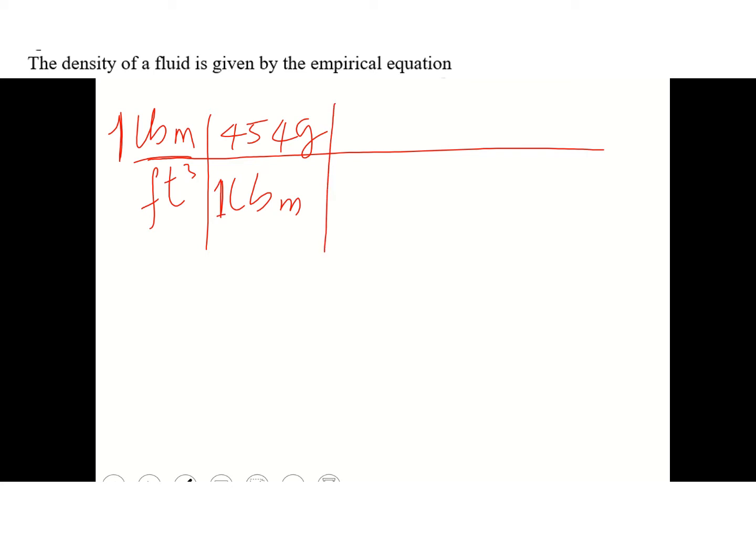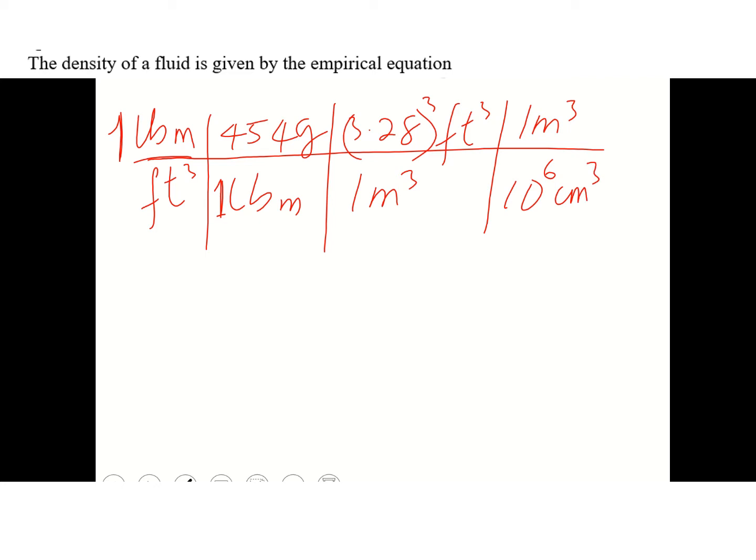Then I can also say 3.28 feet cubed equals 1 meter cube. Then 1 meter cube is equal to 10 raised to the power 6 centimeter cube.